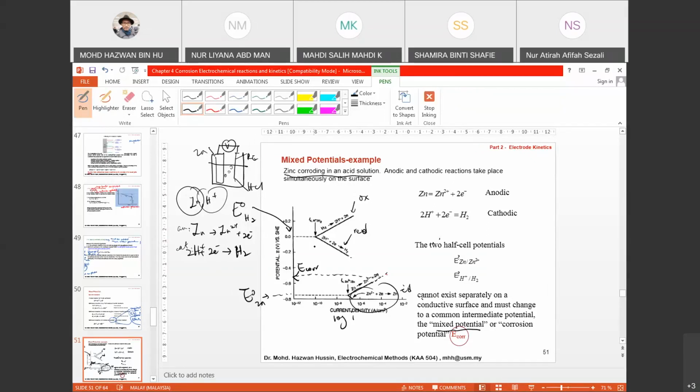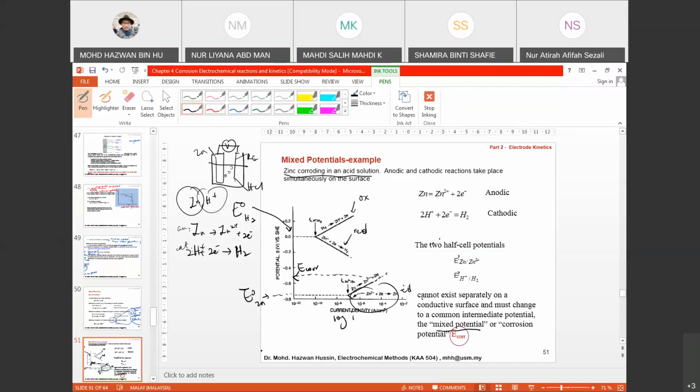The standard potential value for hydrogen is 0, so you'll notice that 0 is over here. It has a tendency to oxidize to form this equation and to reduce to form this equation. That is why for hydrogen polarization, you have these two curves.